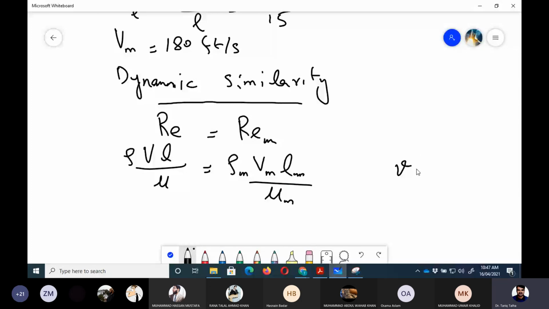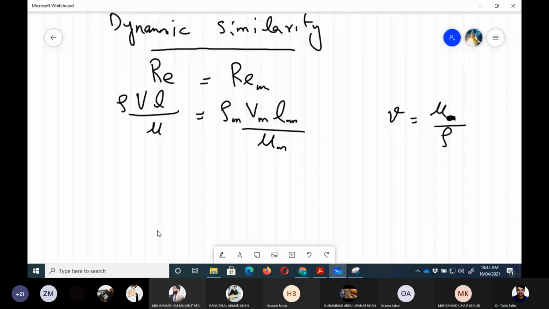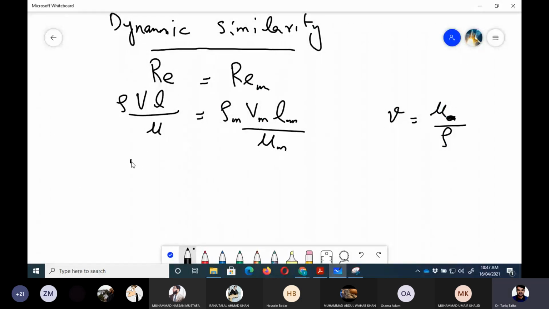Dynamic viscosity mu upon rho is the kinematic viscosity nu, so we replace that here and write VL upon nu equal to VmLm upon nu m.